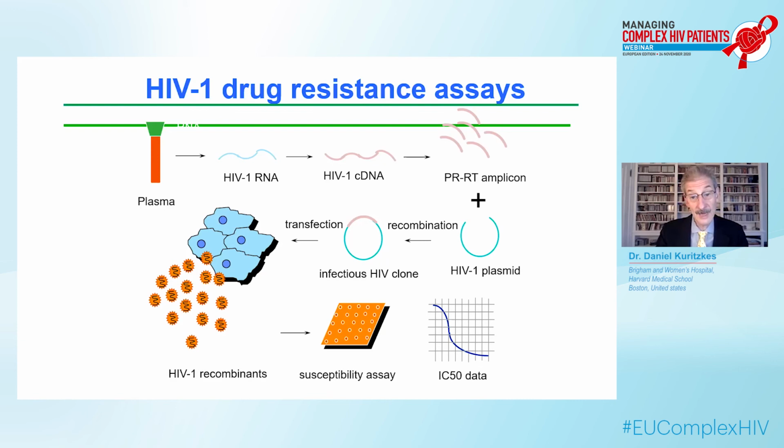And then either these amplicons can be sequenced, or they can be used to construct either pseudotyped viruses or HIV recombinants that can then be put into a susceptibility assay to generate an inhibition curve. Also, if dealing directly with cells, looking at archived virus, instead of starting with plasma, you can extract the DNA from a cell, you skip the reverse transcriptase step and go right to PCR amplification, and again, then go on to sequencing if you're obtaining a genotype.